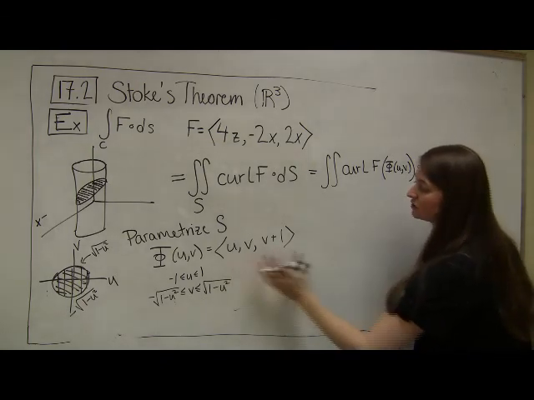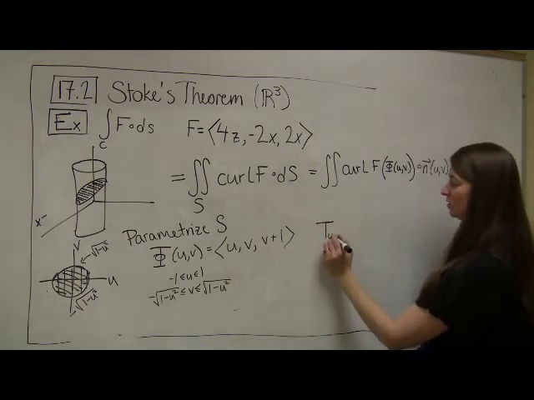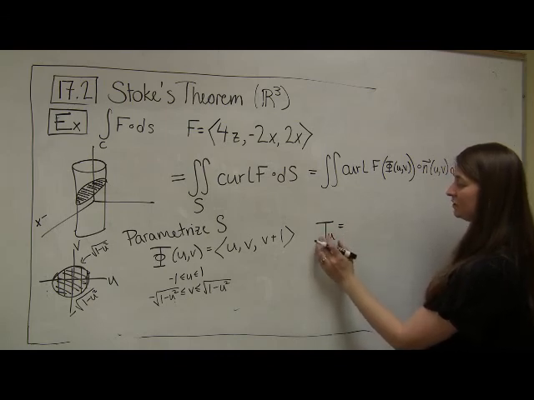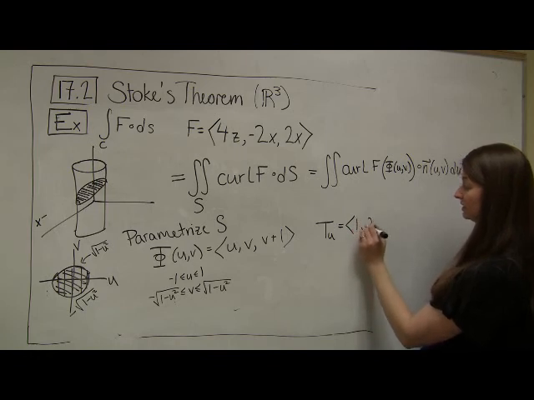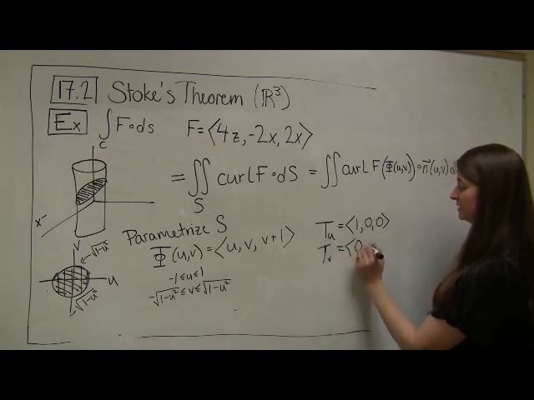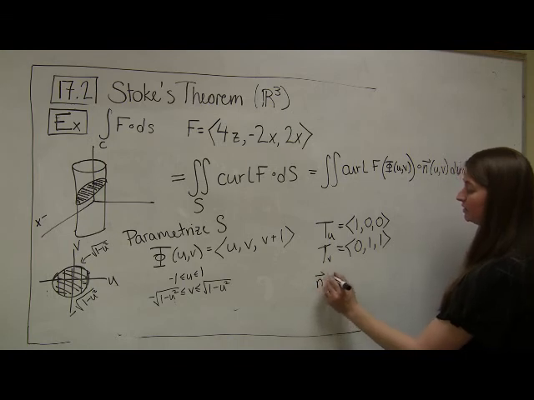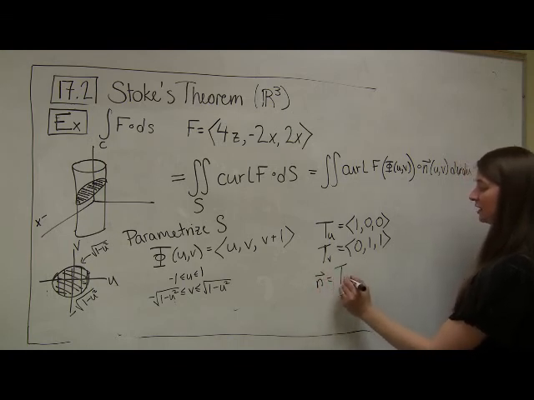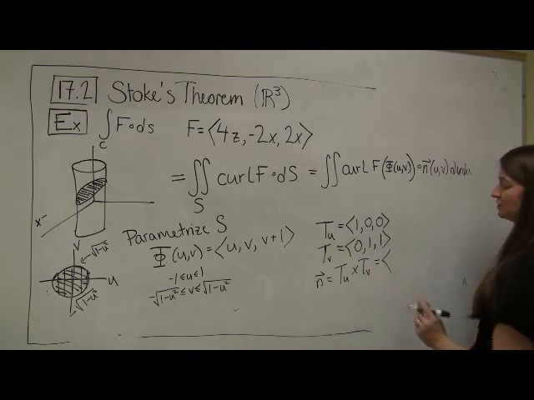Well, we have our surface given by this parameterization. So my partial with respect to u of this surface is going to be the vector 1, 0, 0. My partial with respect to v for this surface is going to be given by 0, 1, 1. Those are pretty easy. And so my normal vector, which is going to be given by the cross product, t_u crossed with t_v, this is something that I can almost do in my head.